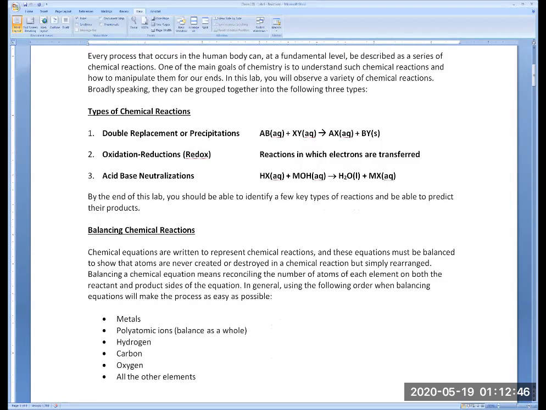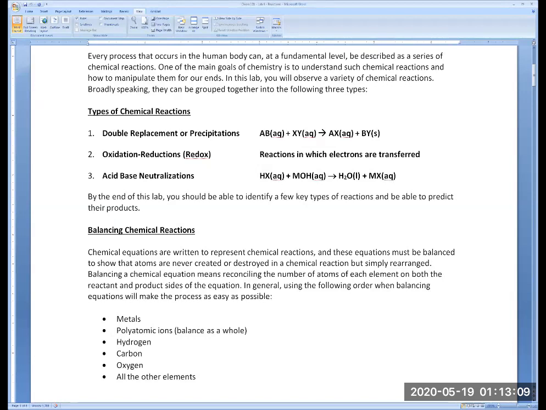So when you have an acid and a base that are both soluble in water and you mix them together, the H plus from the acid will combine with the OH minus from the base to form H2O. And then the M from the metal will combine with the X, and typically X here would be a halogen.